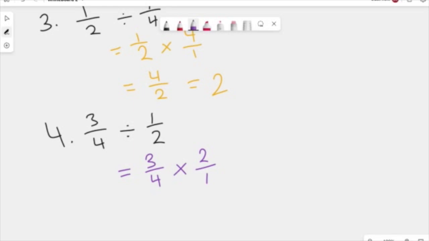And eventually, once again, we can multiply top and bottom. So 3 multiplied by 2, we get 6. And 4 multiplied by 1, we get 4, which 2 goes into both of these, top and bottom. So we can simplify this to this improper fraction of 3 over 2.